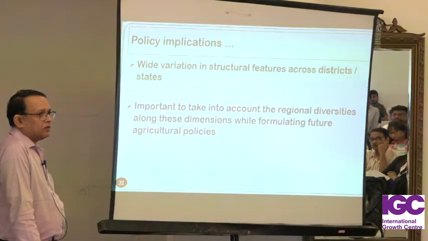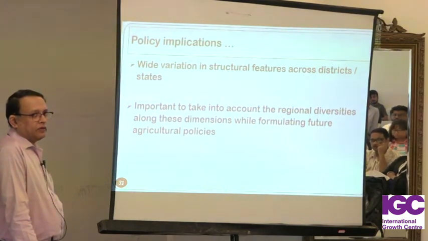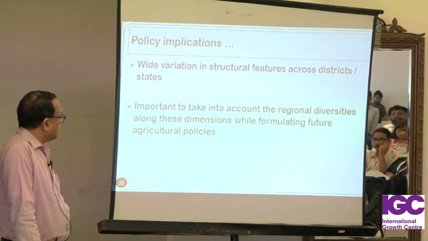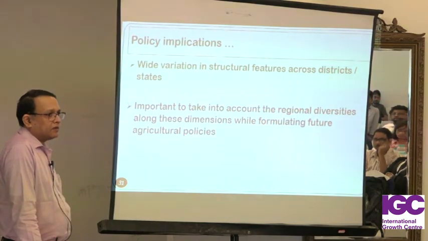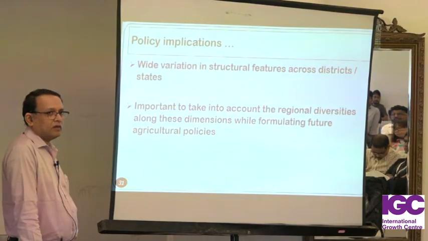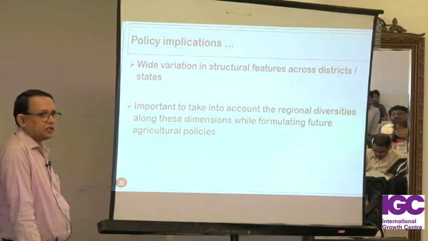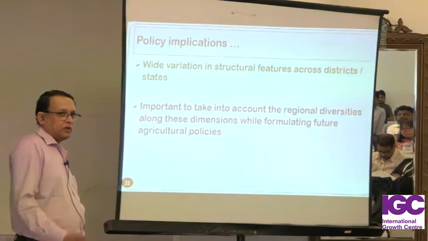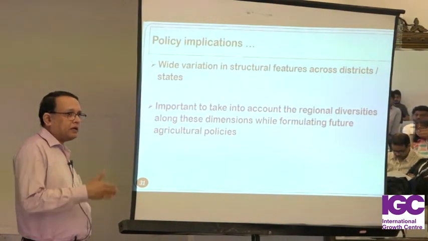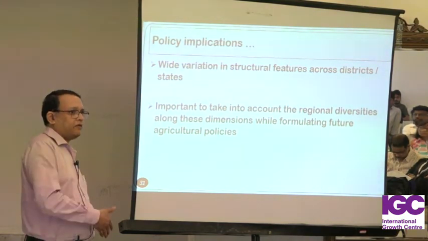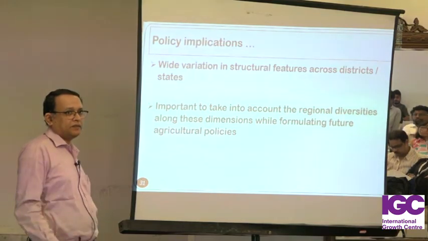Take, for example, power availability. This is not something the agriculture ministry can solve, but it is an issue for the power ministry and state governments to work on, and if they are able to solve the problem in the power sector, then its spin-off for agriculture is very visible.